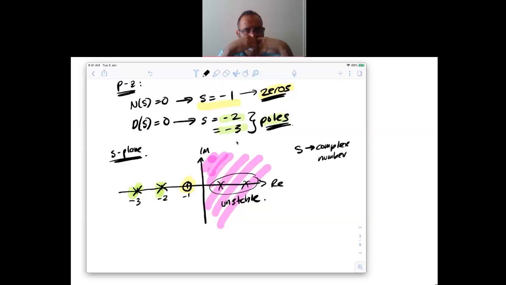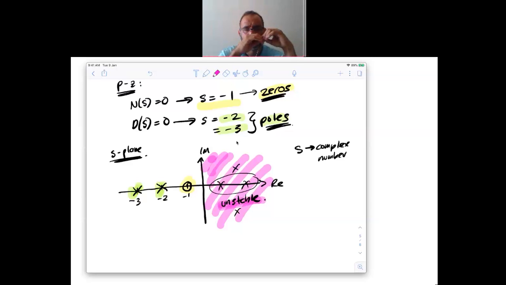Actually, stability can also be defined by the location of your poles. If your pole is a negative real, it lies in the stable region. If it's positive real, then it is unstable. Even if it's a positive complex number, it is still unstable. So any pole on this side is unstable.